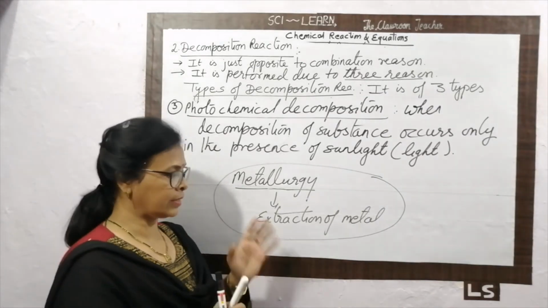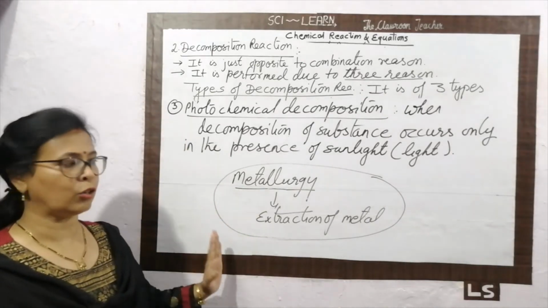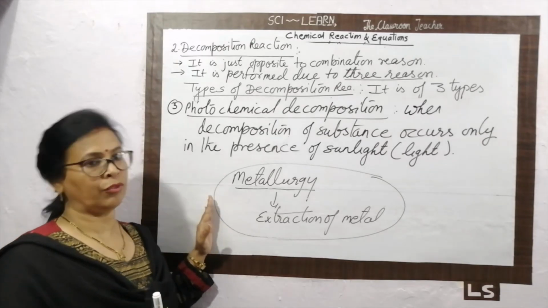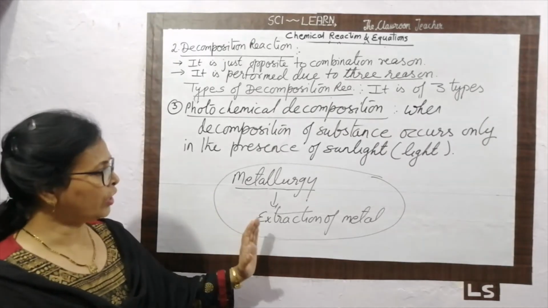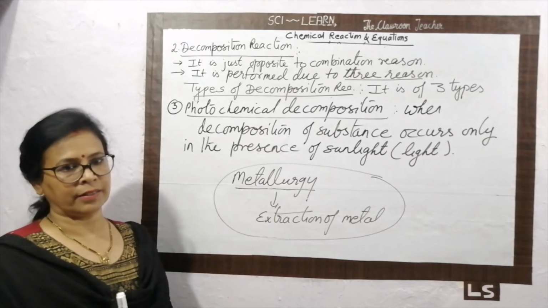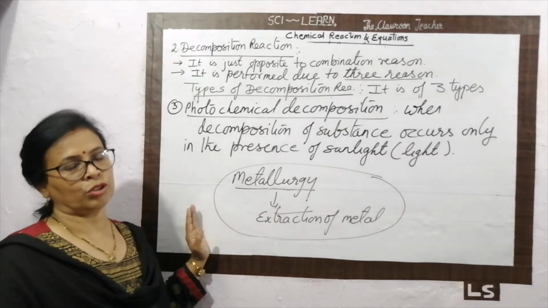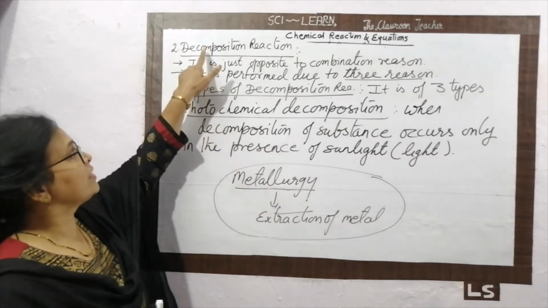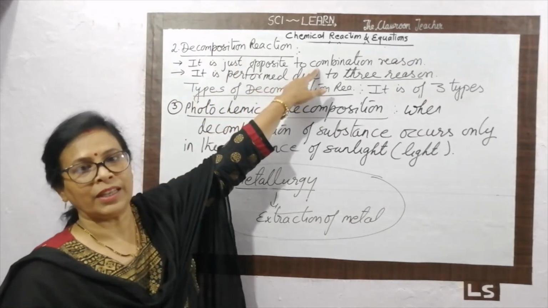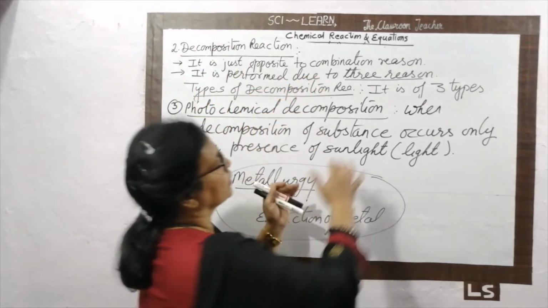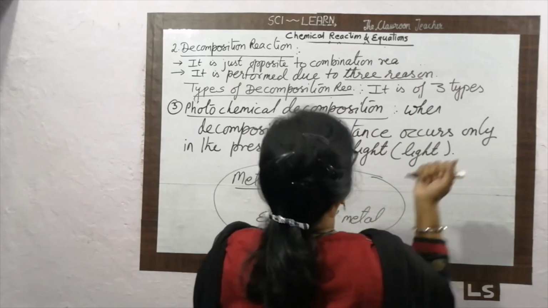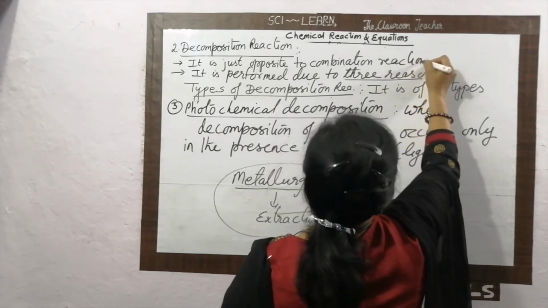In the previous syllabus, it was there in the metals and non-metals chapter. But if it is present now, we must discuss metallurgy or extraction of metal in another class. So this is about the decomposition. Must remember, decomposition is just the opposite of the combination reaction. This is reaction, combination reaction.